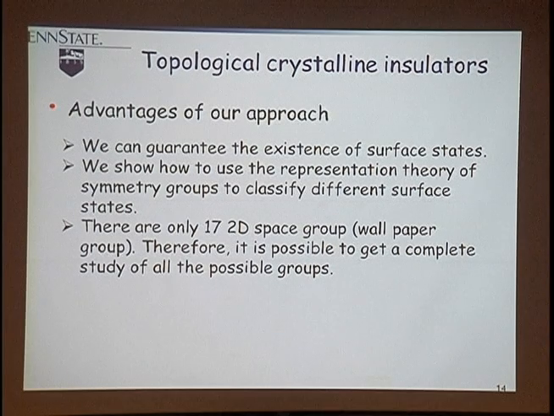The third good thing is that for three-dimensional space groups, there are hundreds. But for the two-dimensional surface, it is classified by two-dimensional space groups, and there are only 17. So we can very easily get a complete study of all the possible states. Okay.